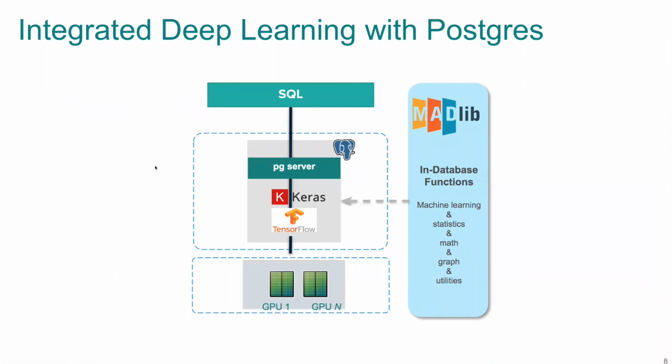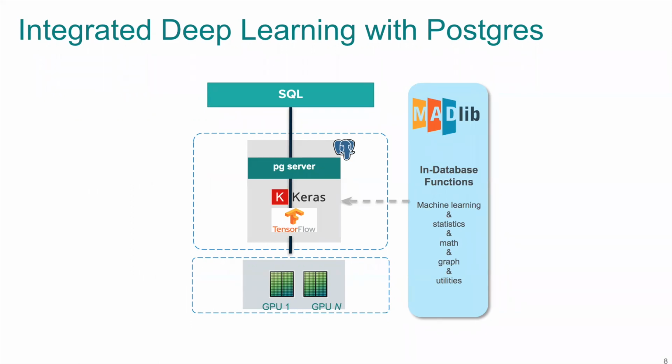So we do have support for deep learning in Apache MADlib 1.16 for both Postgres and Greenplum. The way it would work is all you need is a Postgres server. As long as you have Postgres installed on some machine, and that machine has a GPU connected to it, you don't have to configure the GPU while installing your Postgres database server.